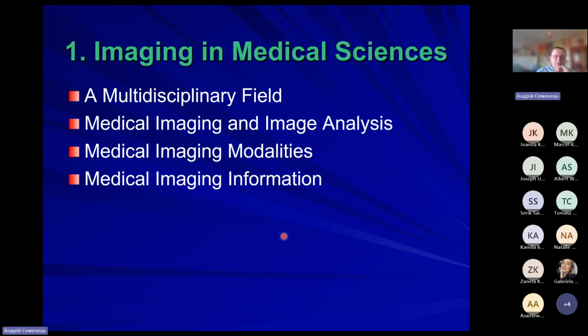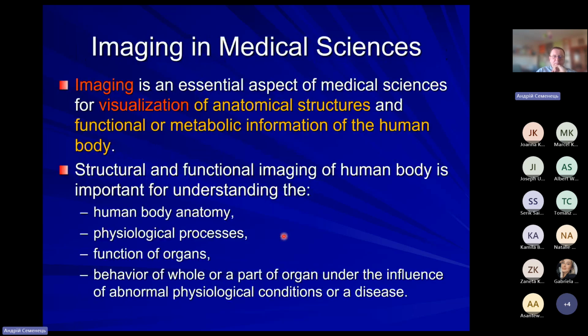First of all, we have to define what medical images are in general and consider a few classifications of types of medical images and related modalities, the types of information we gather from medical images and so on. For a very long period, imaging has been an essential aspect of medical science for visualization of anatomical structures and functional metabolic information of the human body.